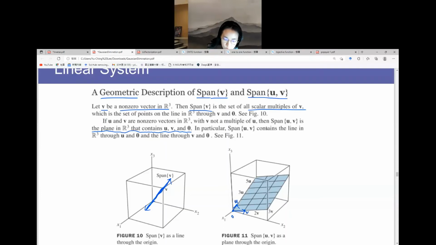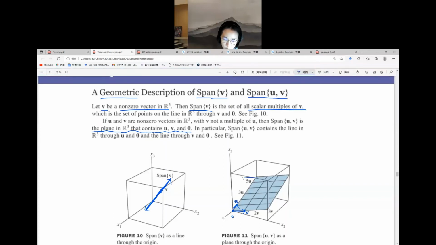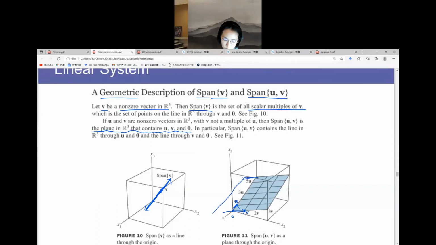It should also contain the other side, like all the negative part should also be contained here, like this. The entire plane is the span of these two vectors in R3 space.